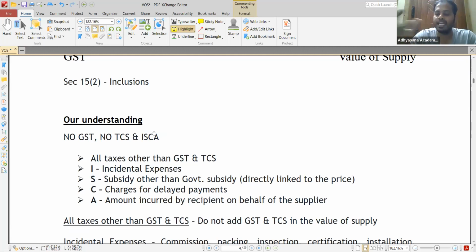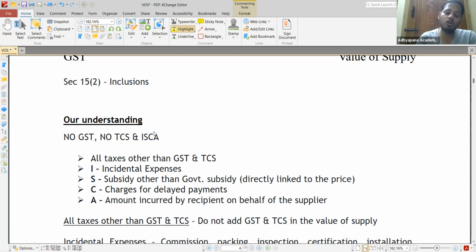Suppose in a theater, they charge the ticket value, and then they also charge entertainment tax for that entertainment service. Assuming the value is 100 rupees and the tax is 5%, it comes to 105. On that 105, you have to levy the GST. Clear?